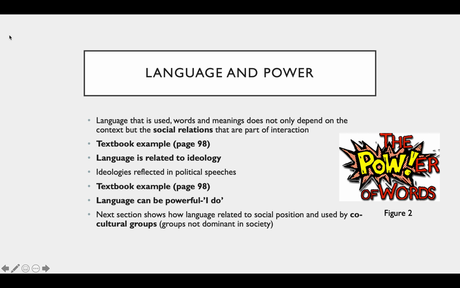Co-cultural groups, which you should note here, means groups that are not part of the dominant society. So within our society there is a dominant cultural group, and then there are these co-cultural groups, which are the minority in relation to the dominant or majority cultural group.